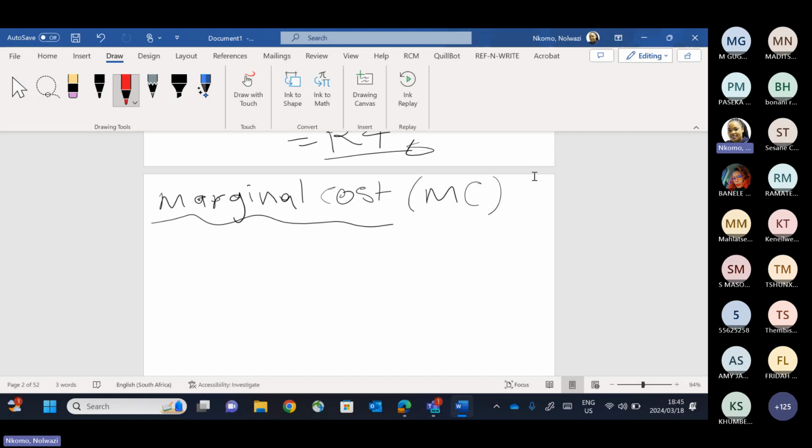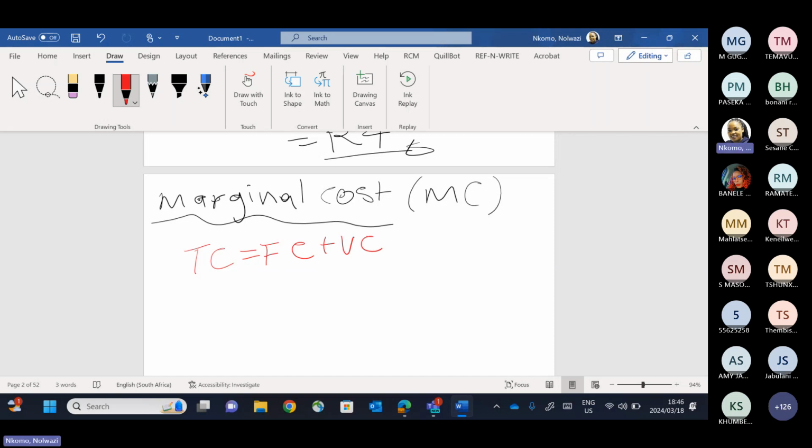Now, the marginal cost can assist the company here because it can help it analyze whether it makes sense for them to produce 100,000 phones. Are they going to make profits if they produce such a number of phones? From the first unit, we said the total cost consists of the fixed cost and the variable cost. This is the equation that we use for total cost.